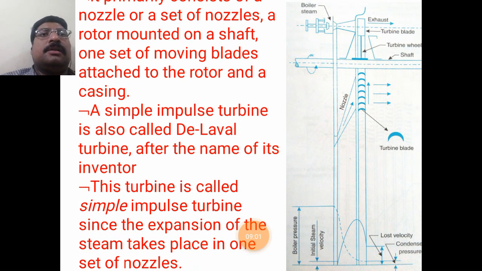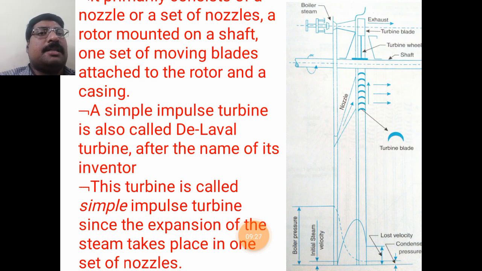The primary parts are a set of nozzles and a rotor mounted on the shaft, one set of moving blades attached to the rotor, and a casing. Okay. So here for the single shaft, a set of moving blades and fixed blades are arranged.